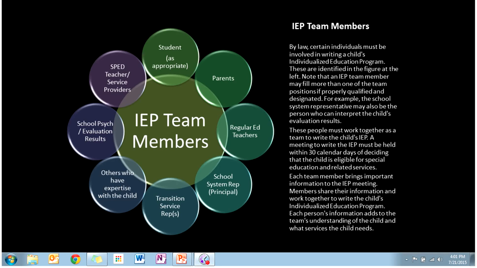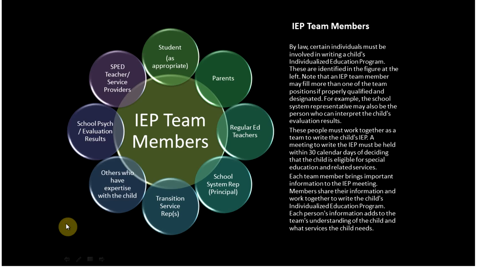The next area that we're looking at are the IEP team members. These are the individuals that have to be involved in the IEP decisions. There are identified figures here within the graphic: the student, parents, regular ed teacher, school system representative, transition service representative.